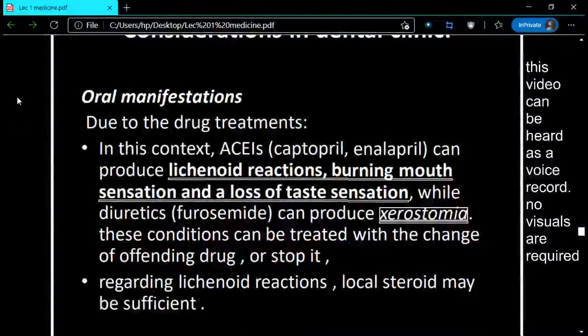Moving on. Lesions can be treated by changing the offending drug. Regarding lichenoid reactions, only steroids might be sufficient to treat the side effects.